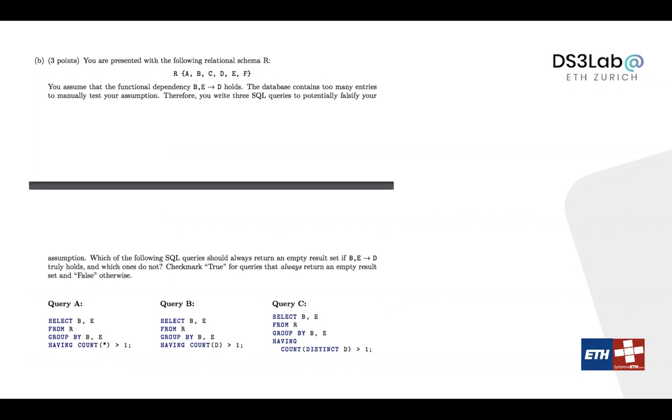Essentially, you try to say whether there exist two tuples that have the same B and E values but different D values. So which SQL query corresponds to that? That is something you might want to think about. But once you go back to the original definition of functional dependency, this should be pretty natural to do.